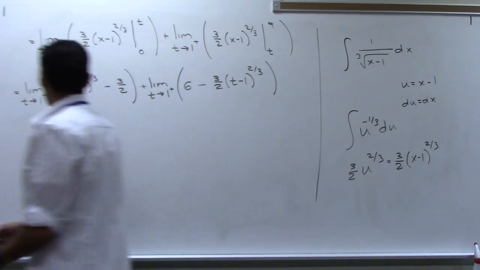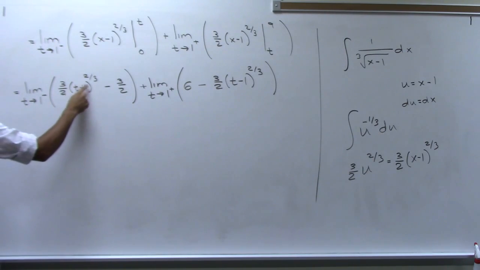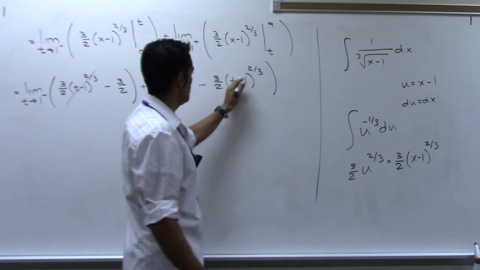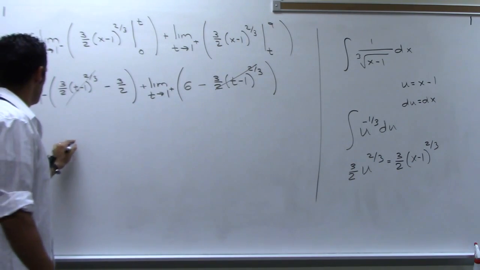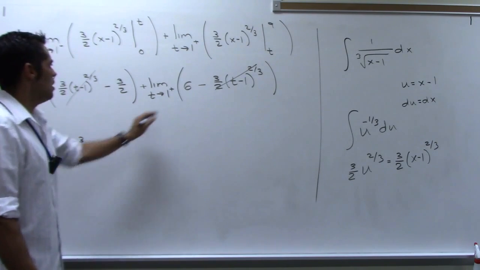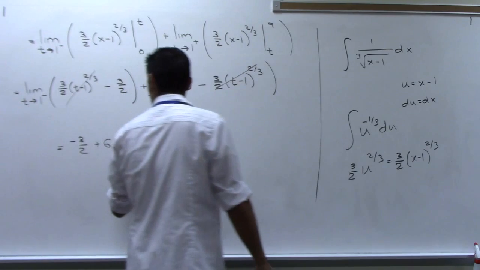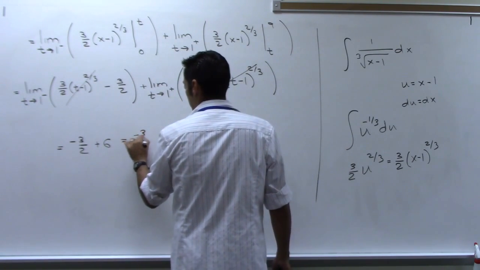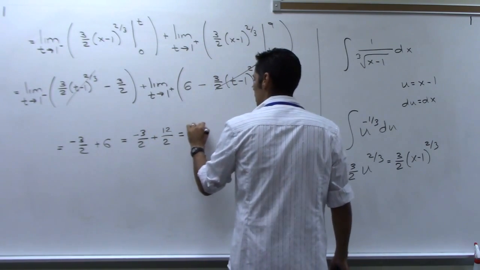All right. But t goes to 1. If t goes to 1, this is 0, that whole thing's gone. Over here, if t goes to 1, this is 0, the whole thing's gone. So I'm getting negative 3 halves here. Over here is 6, so negative 3 halves plus 12 halves, which is 9 halves.